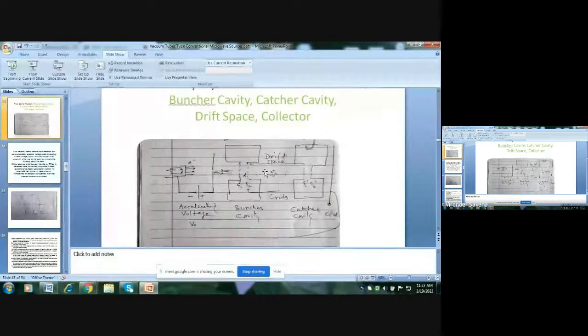There are some electrons which leave the buncher cavity earlier with slow velocity, and then the next electrons move with high velocity. So this electron may catch up with the electron which left the cavity earlier.